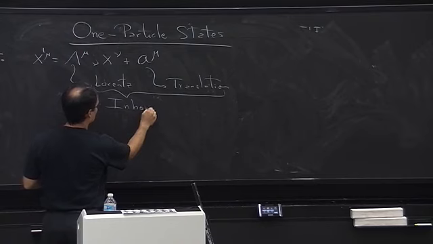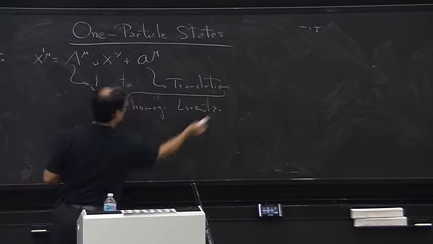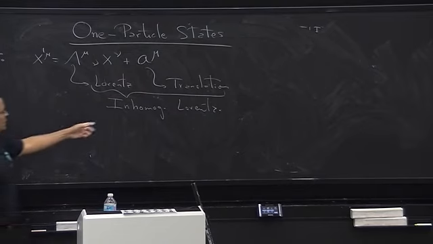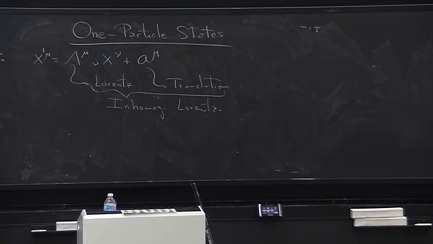So this would be the inhomogeneous Lorentz group. But this is too long, so I'm going to call it Poincaré. But you will also see this in many places. Just wanted to mention.